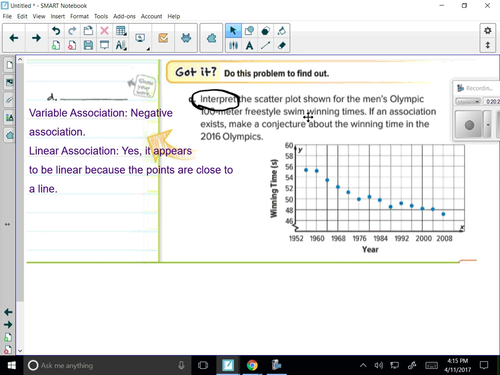Now, it says to make a conjecture about the winning time in the 2016 Olympics. Okay, so I have 2000 here. I have 2008. And then 2004 would be down here. Now, if we wanted to make a conjecture about that, which is like a prediction, we would have to just kind of follow our pattern.